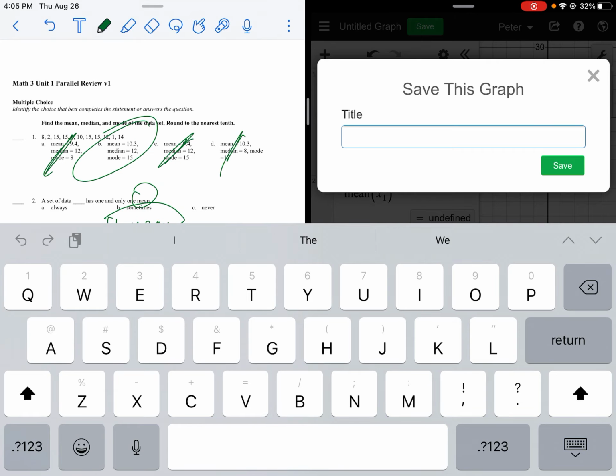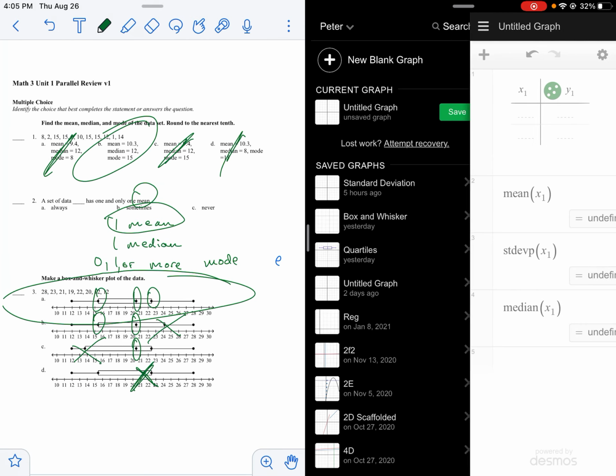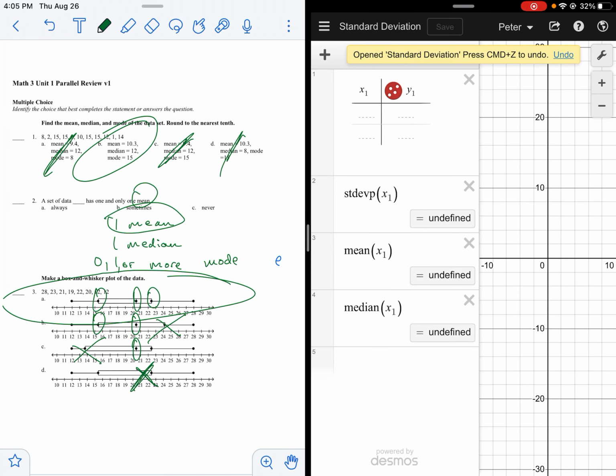These are all things that it's called. I have it saved as standard deviation. So you put the numbers in, the answer is B. There's always one mean, there's always one median. Now mode means most popular, so you could have 0 modes, you could have 1, you could have more than 1.